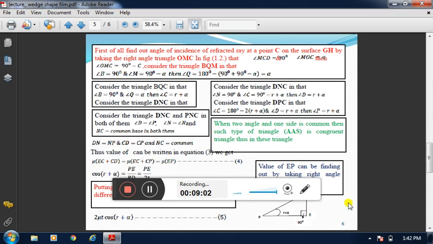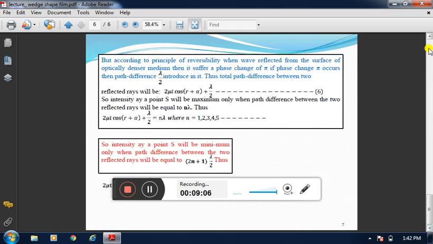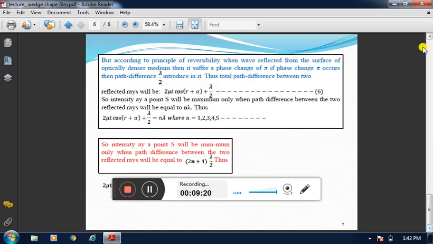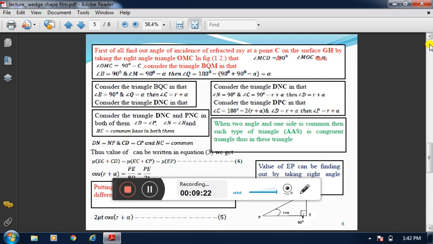Let us now calculate the value of EP. Dear student, what is the value of EP? From the diagram we take the triangle EDP. In triangle EDP we take cos (r plus theta) equal to EP upon PD.